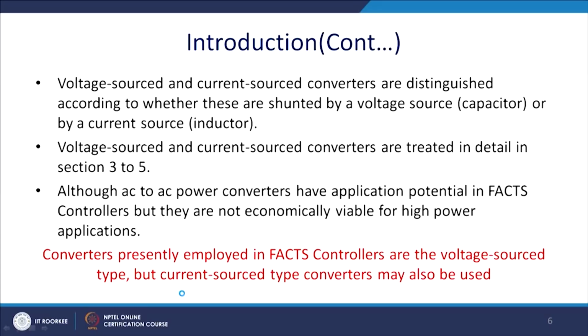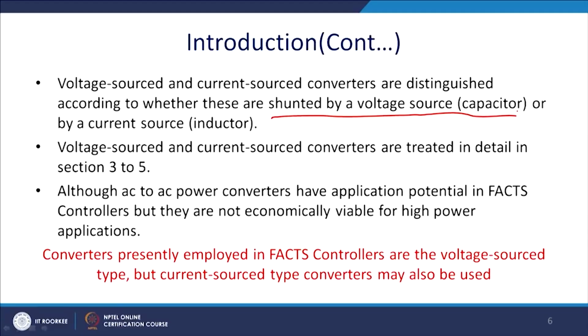Voltage source and current source inverters or converters are distinguished according to whether the DC link is shunted by a voltage source, or if the DC link is an inductor, then it will be a current source. Both topologies are possible, but the voltage source is more advantageous and can handle a huge amount of power; otherwise the size and cost of the inductor will be too high.